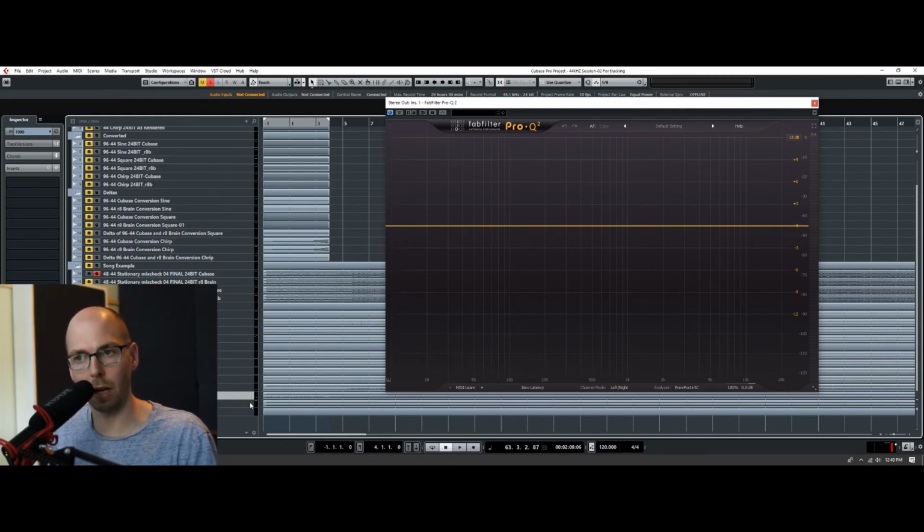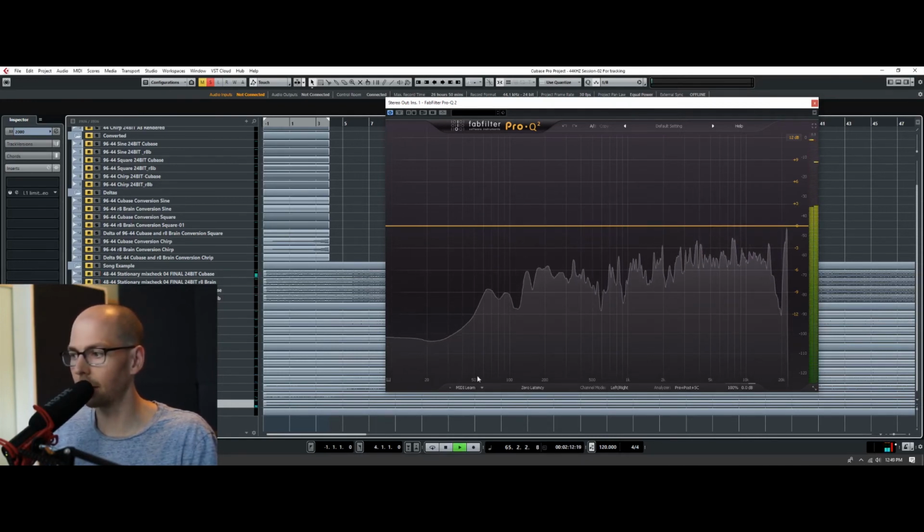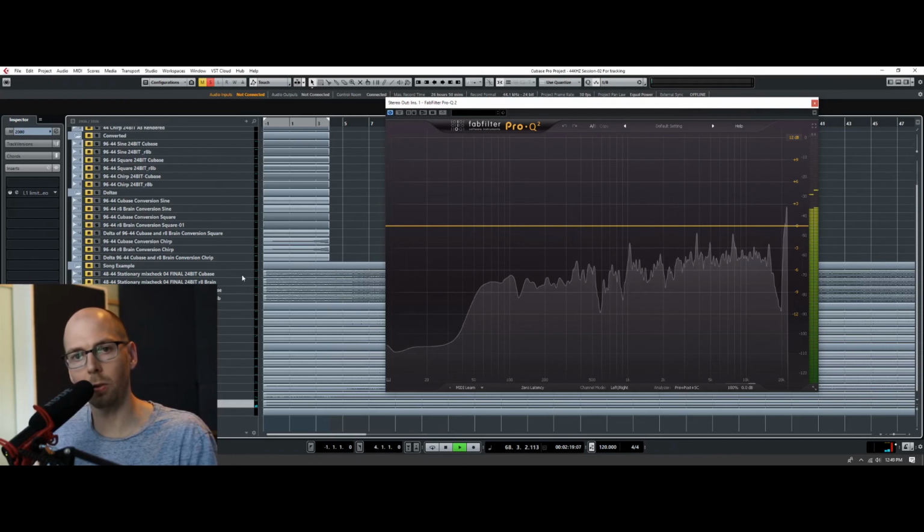Sample rate converted up, then back down. Okay. Sounds like this. And in the context of the song, I would say that now you might, with very, very careful listening, notice that there's some artifacts and aliasing, okay?